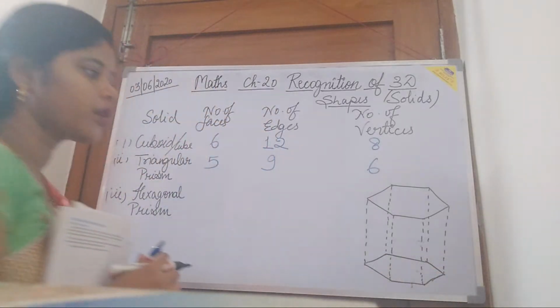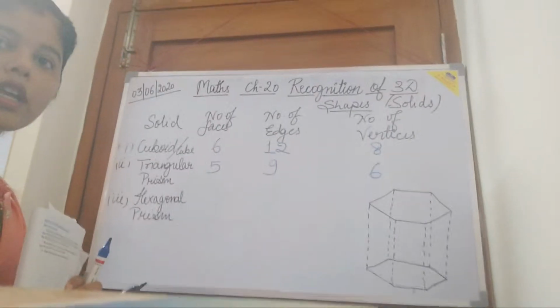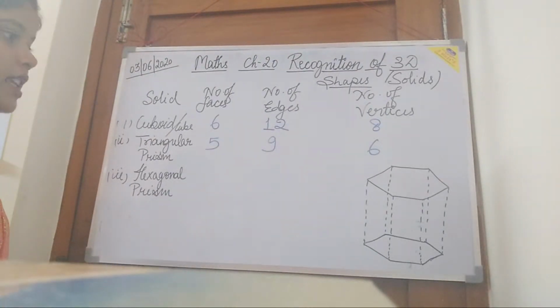This is how we are going to form the hexagonal prism. So in this hexagonal prism, you have to find out the number of faces.